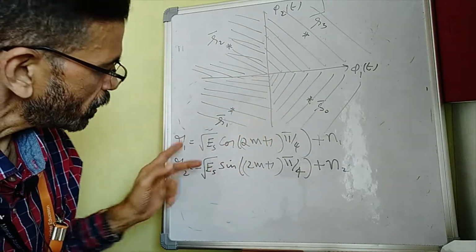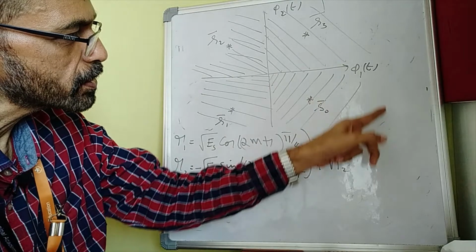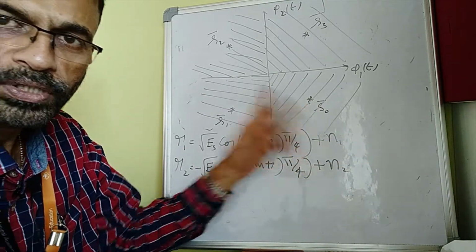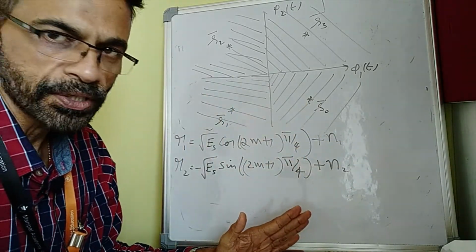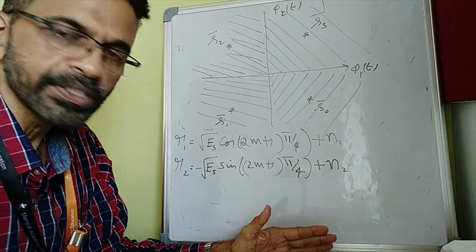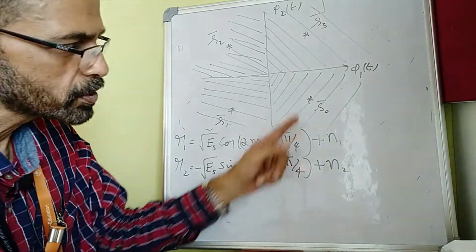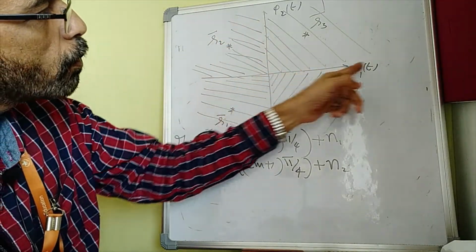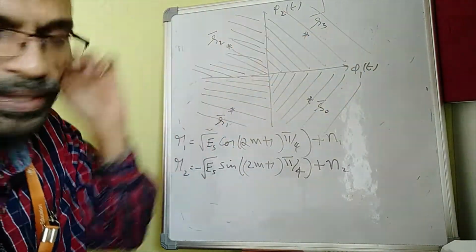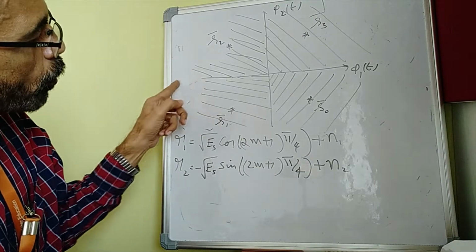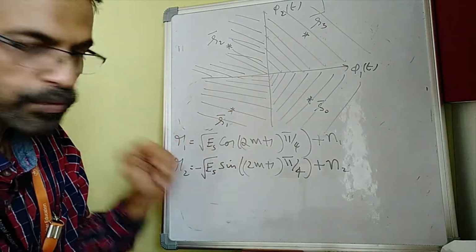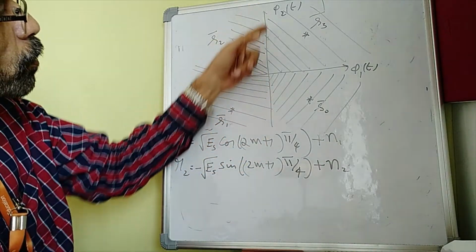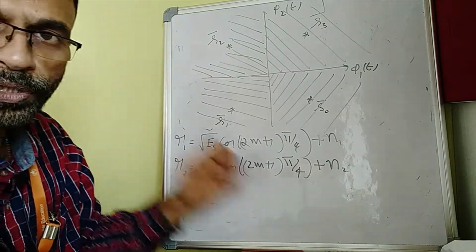So whenever R1, R2 describe a point in this quadrant, we can say S0T is the transmitted signal, or equivalently the transmitted symbol corresponds to the signal S0T. Similarly, in this quadrant, all the points are closer to S3T. In this quadrant, all the points are closer to S1T. And in this quadrant, all the points are closer to S2T.